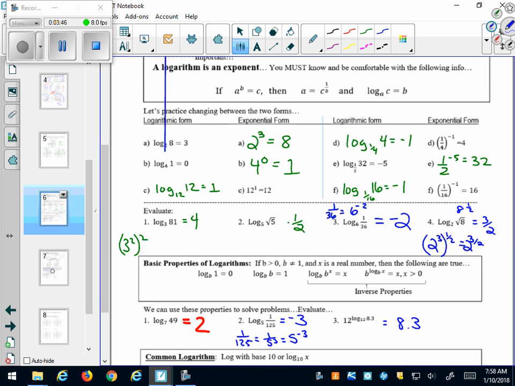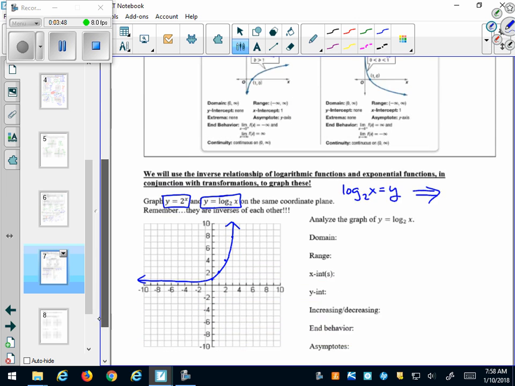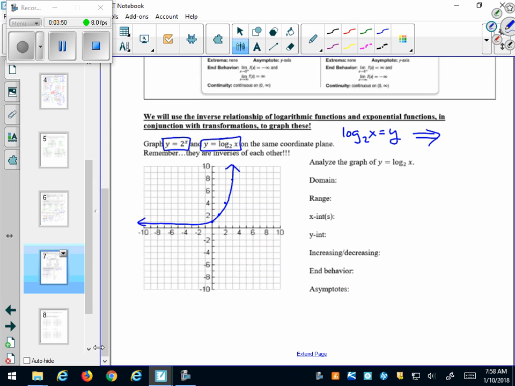So if I'm graphing logs and I want to rewrite this as an exponential form instead of the log form, remember they are exactly equal to each other, what would be the exponential form of this? What to the what? Go ahead, I hear you mumbling it. 2 to the y equals x.